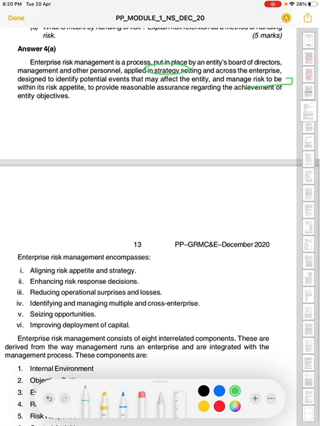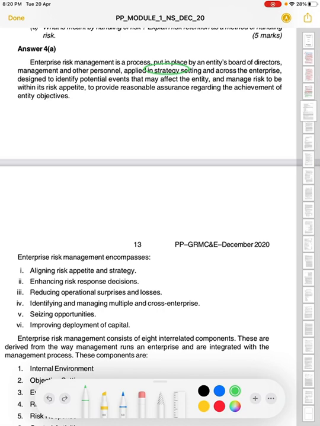be within its risk appetite. So basically they manage this risk within the risk appetite, also to provide reasonable assurance regarding the achievement of entity objectives.